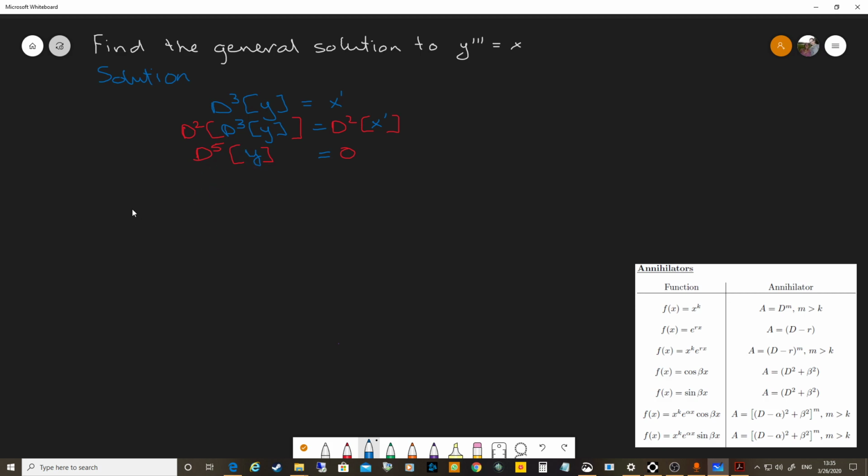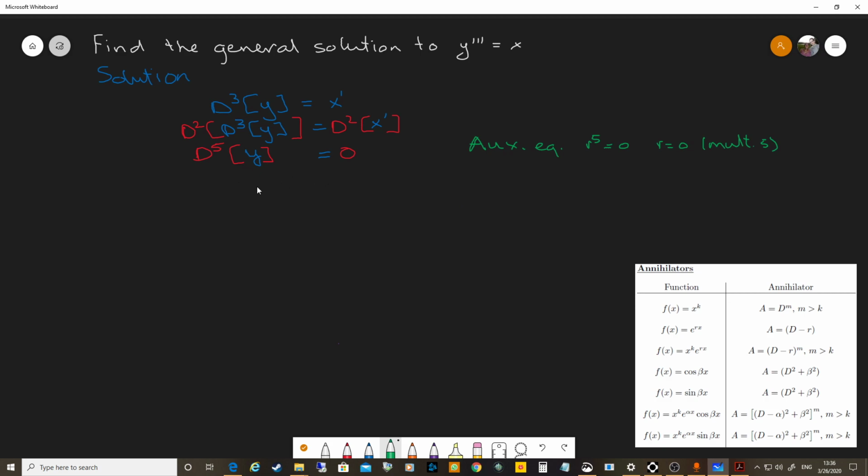When we look at the auxiliary equation, the corresponding auxiliary equation is r to the power of 5 equals 0. And the solution to that auxiliary equation is r equals 0 with multiplicity 5.